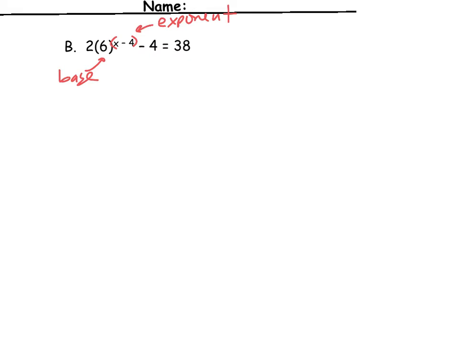So first we're going to add 4 to both sides. 2 times 6 in parentheses x minus 4 equals 42. Now, a lot of people want to multiply these two, but the 2 is not to the x minus 4 power, so I can't multiply the 2 and the 6 in this case.